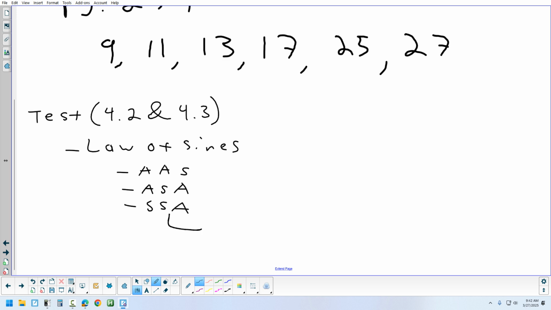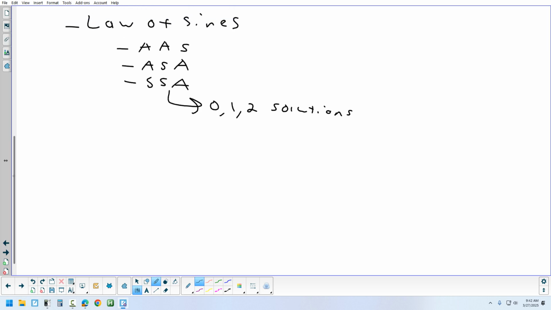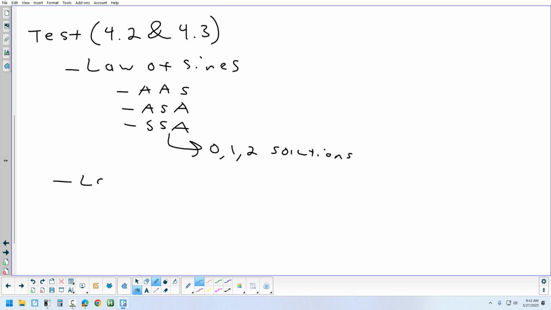And remember, with side, side, angle, make sure you check for 0, 1, or 2 solutions. And the only other thing that is on it is law of cosines.